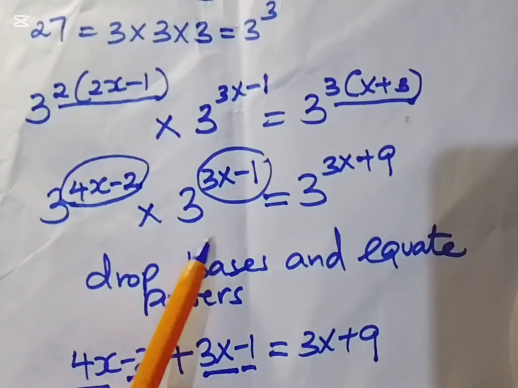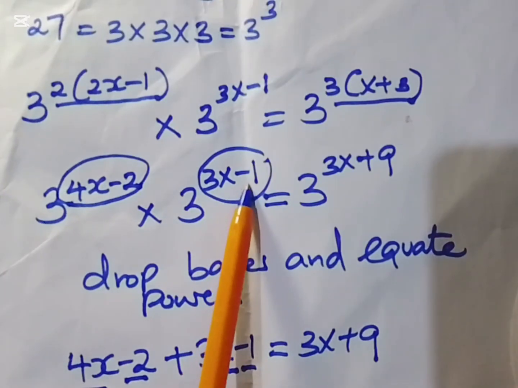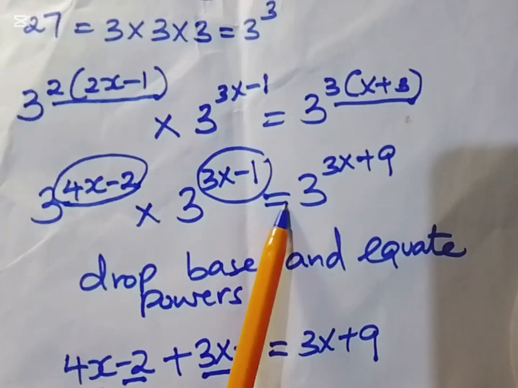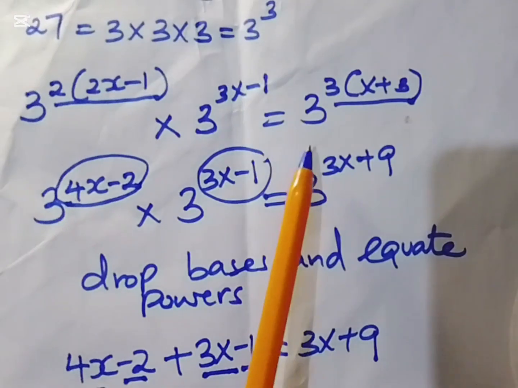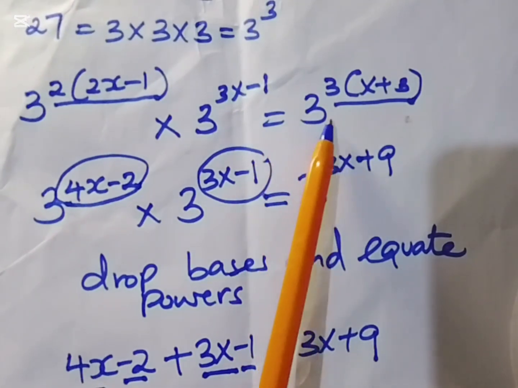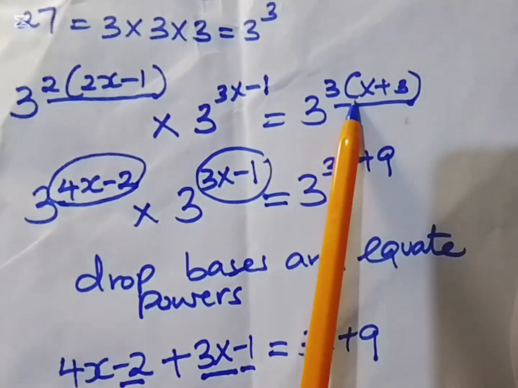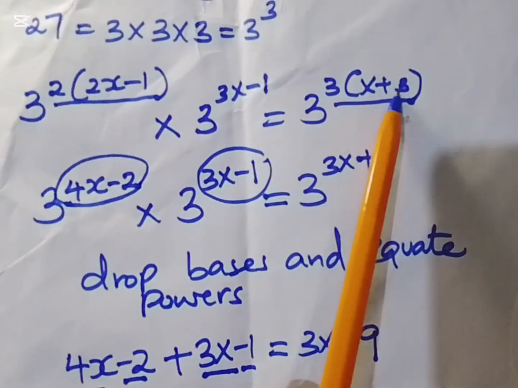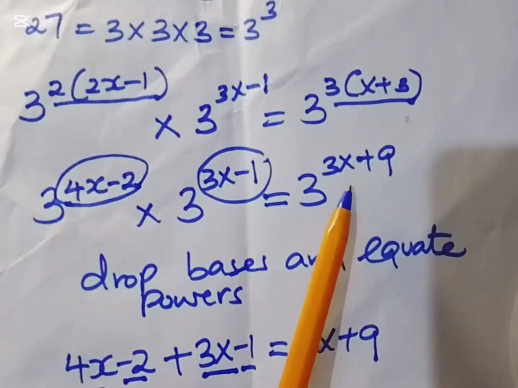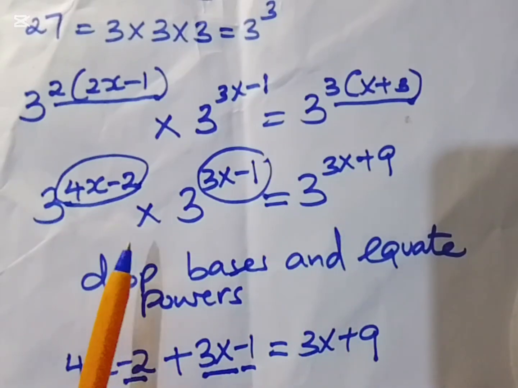Then you multiply by 3 to the power 3x minus 1, which is equal to where we initially had 27. Now we have 3, and we open the bracket x plus 3. So we have 3 times x, which gives 3x, then 3 times 3 is equal to 9. So we'll have 3 raised to 3x plus 9.